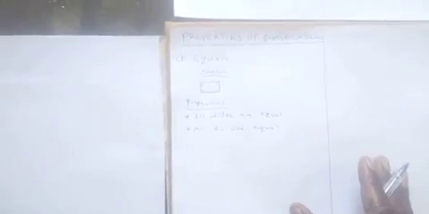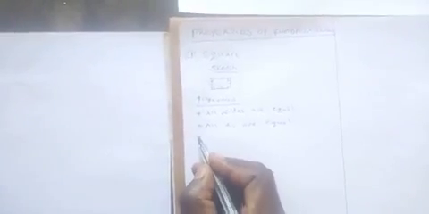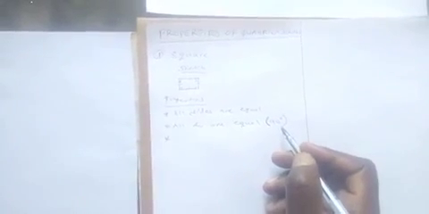Let it be the interior angles, let it be the exterior angles, they are all equal and equal to 90 degrees. Each interior angle is 90 degrees, and each exterior angle is 90 degrees.